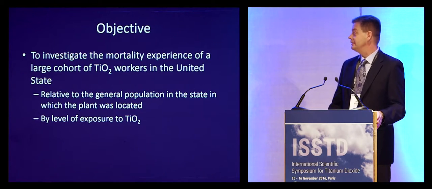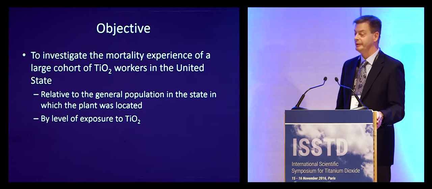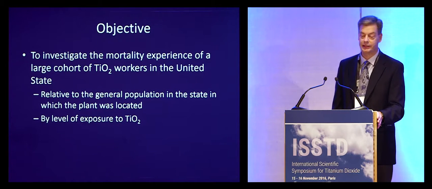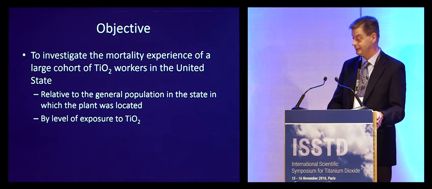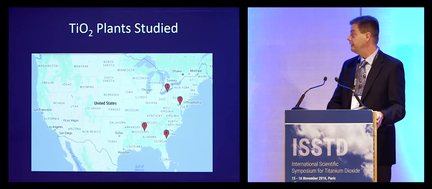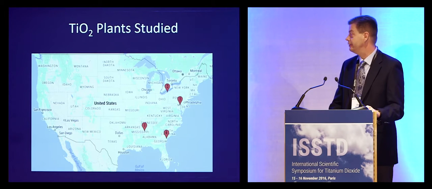The objective of this study was to understand the mortality experience of a large cohort of TiO2 workers in the United States. We compared that to the general population in each state, and then we also did it by level of exposure to TiO2. So these are the internal analyses. These are the 4 plants that we studied in the US.